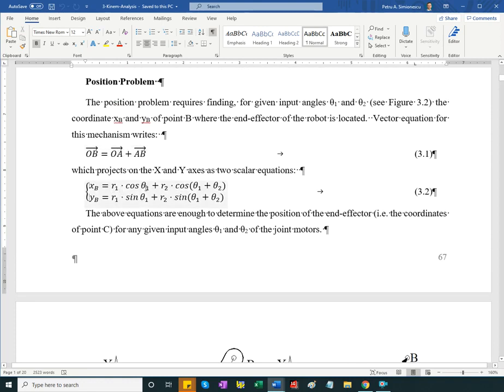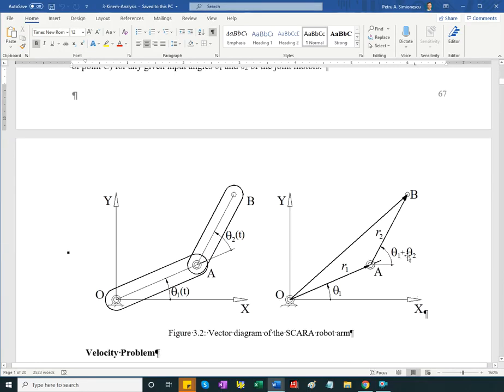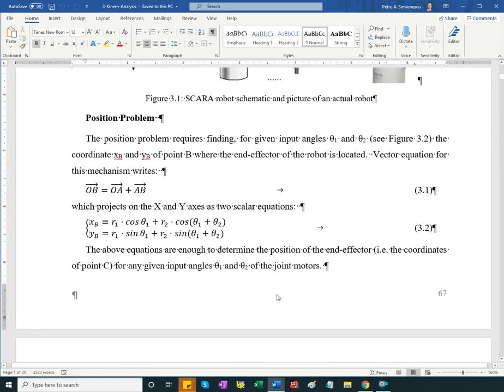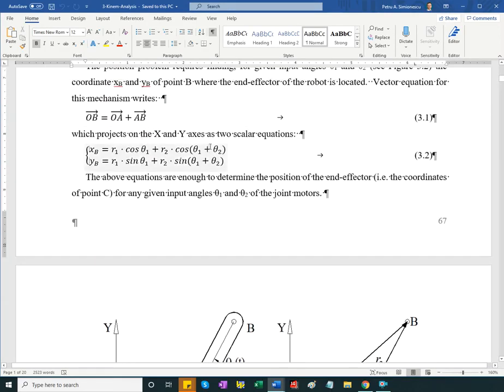OA projects as R1 cosine theta 1, and AB projects as R2 cosine. Of course, the angle we measure from a parallel to the x-axis, so theta 1 adds to theta 2, theta 1 plus theta 2. And then over the y-axis, what was cosine turns to sine.